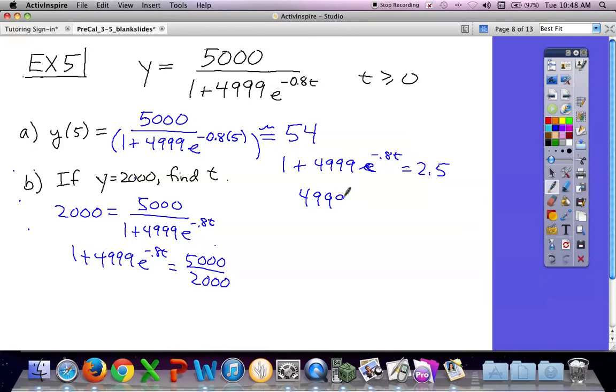Subtract 1 to get 1.5, then divide by 4,999, and then take the log of both sides. So we get negative 0.8t equals the natural log of 1.5 over 4,999.